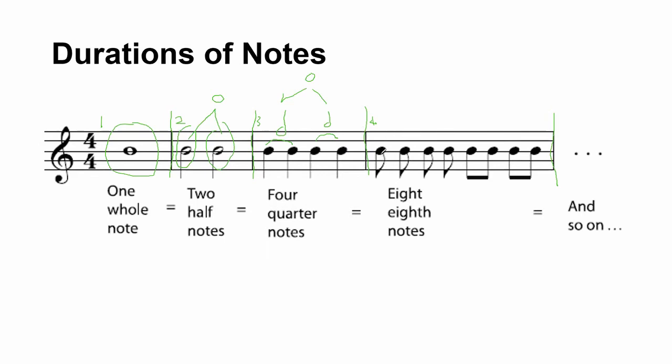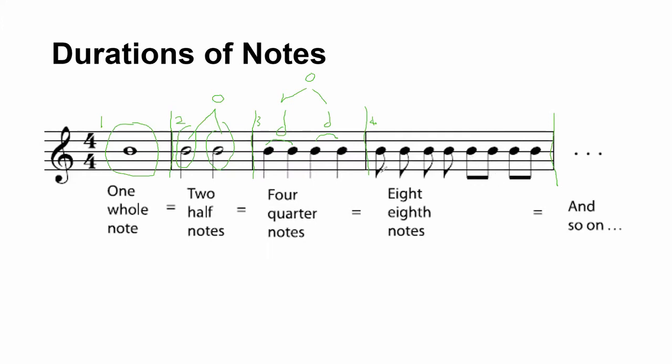Remember, the 8th note, or the quaver, is a black note with a stem and 1 flag, or 1 tail. This is an 8th note. Now, in this bar, how many 8th notes do we have? We have 1, 2, 3, 4, 5, 6, 7, 8.